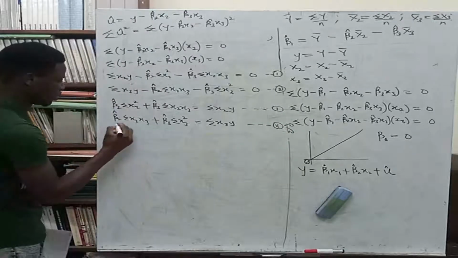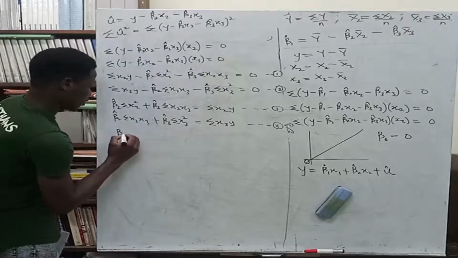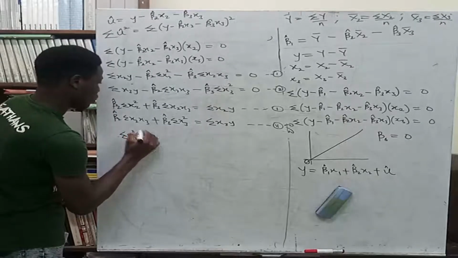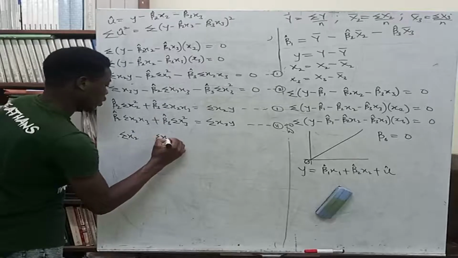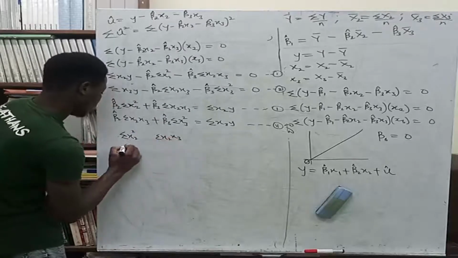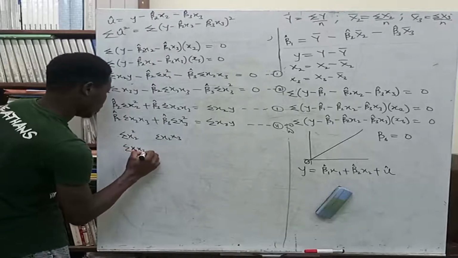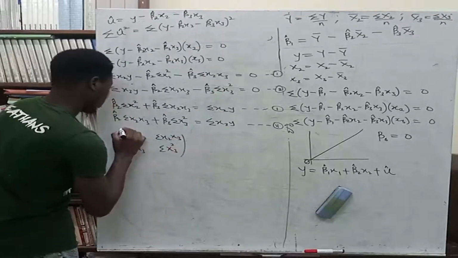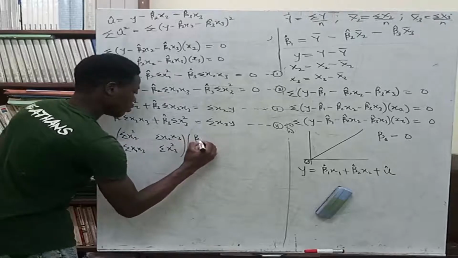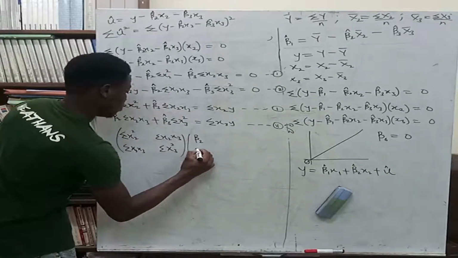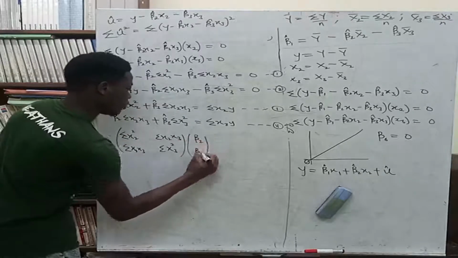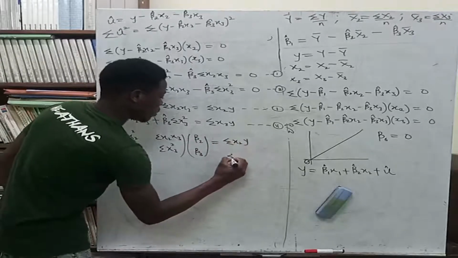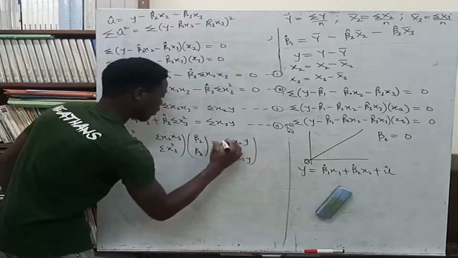So that will leave us with summation x2 squared, summation x2 x3, summation x2 x3, summation x3 squared, then beta 2, beta 3, equals summation x2y, summation x3y.